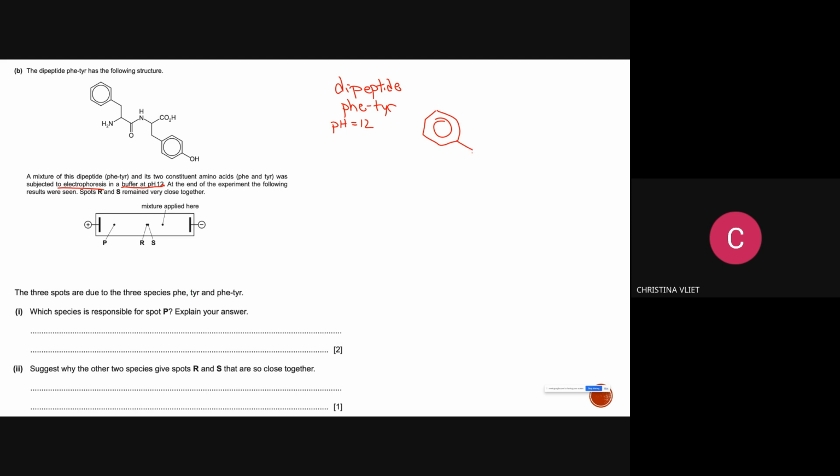It's copy paste H2N, then NH. There are no marks for drawing here, by the way. This is just to understand what's going on. CO2 minus, and then here, O minus.